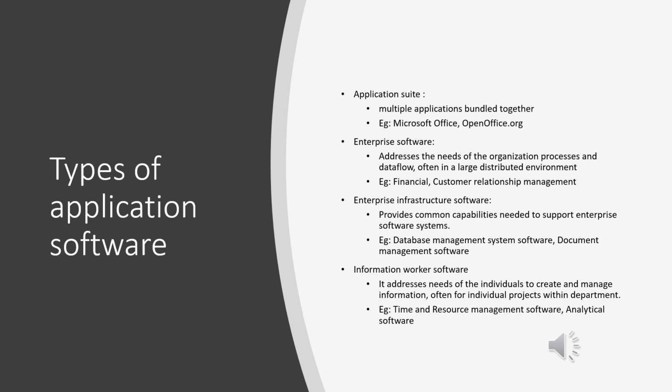Now, information worker software addresses the needs of individuals to create and manage information. So in the example of the college at Chalakudi, departmental level work is information worker software. When we keep a departmental register of the teachers or the students, that is information worker software.